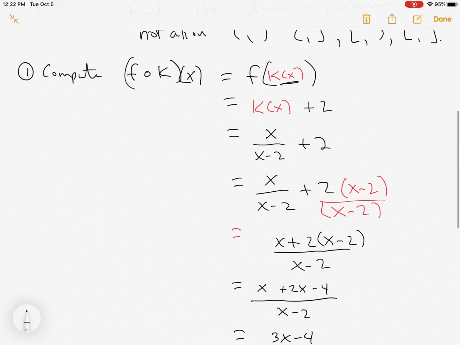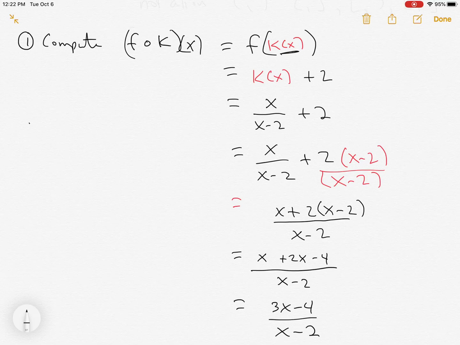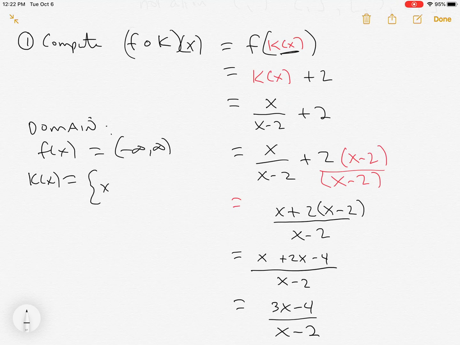And since I have all this white space on the left here, what's the domain? So the domain of f of x is all real numbers, because it's just a polynomial. But the domain of k of x is all x's except for x equaling 2, because that makes the denominator 0.